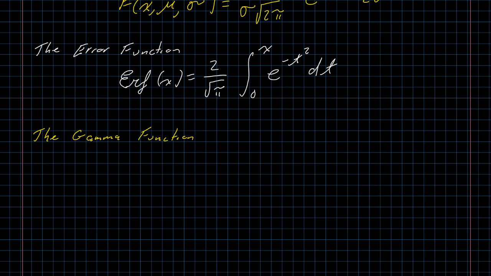Perhaps my favorite special function is the gamma function. Gamma of x is the integral from 0 to infinity of t to the x minus 1 times e to the minus t dt. And this is really only defined for x bigger than 0.